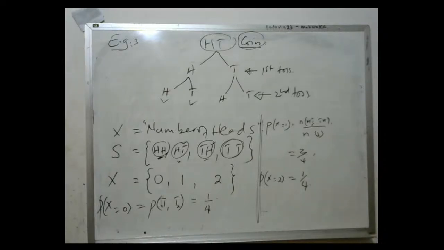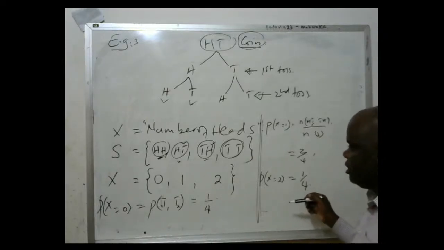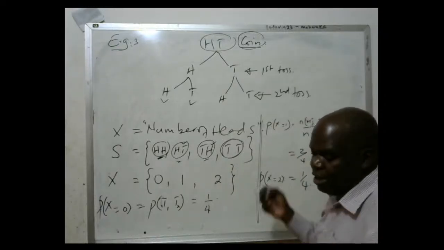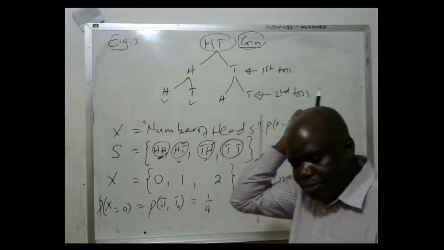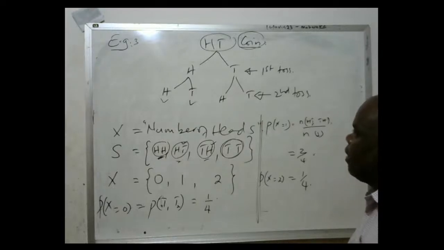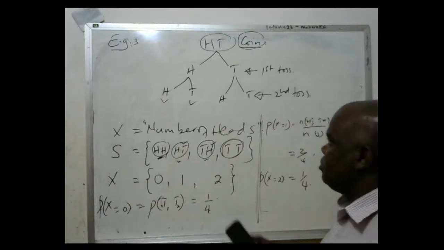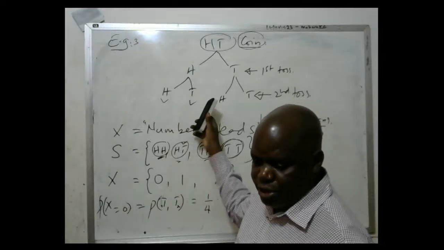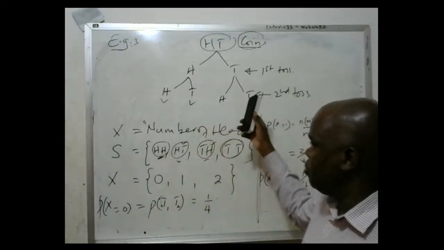So in such a situation, we can generate a probability distribution of the number of heads which appear when a coin has been tossed 2 times. We said earlier in the probability theory that tossing a coin 2 times is the same as tossing 2 coins once.